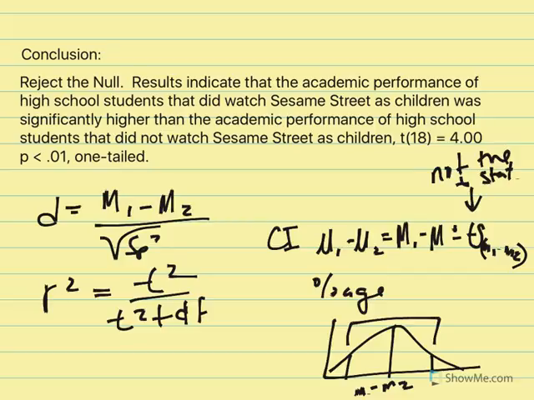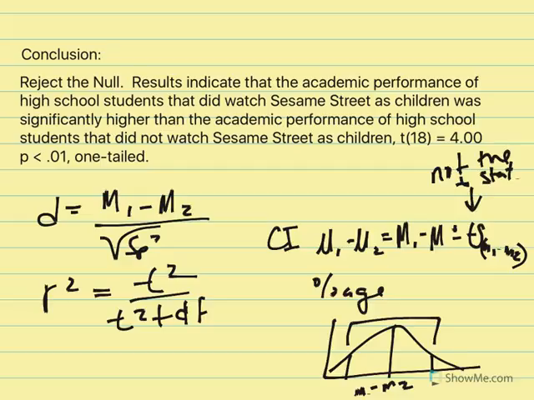And that concludes this illustration of a one-tailed hypothesis test using t-tests for two independent samples. Again, they're independent because we have different participants in each category. Each sample represents two different populations.